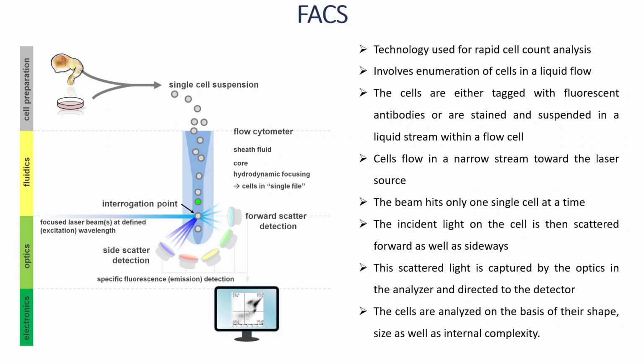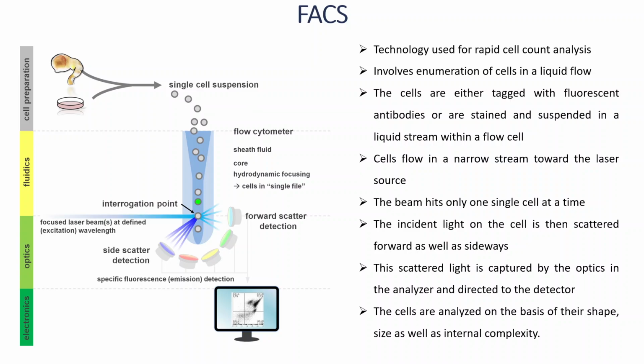As I was talking about in my previous class, the light could be scattered perpendicularly, that is the side scatter, and the other one is the forward scatter. So depending upon the scatter of light, whether it is forward scatter or side scatter, we can detect the size of our cell and their granularity or complexity respectively.